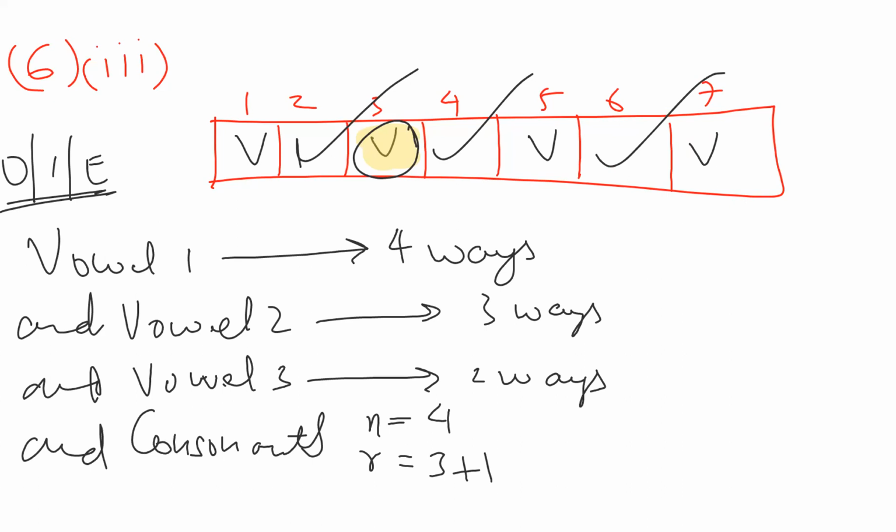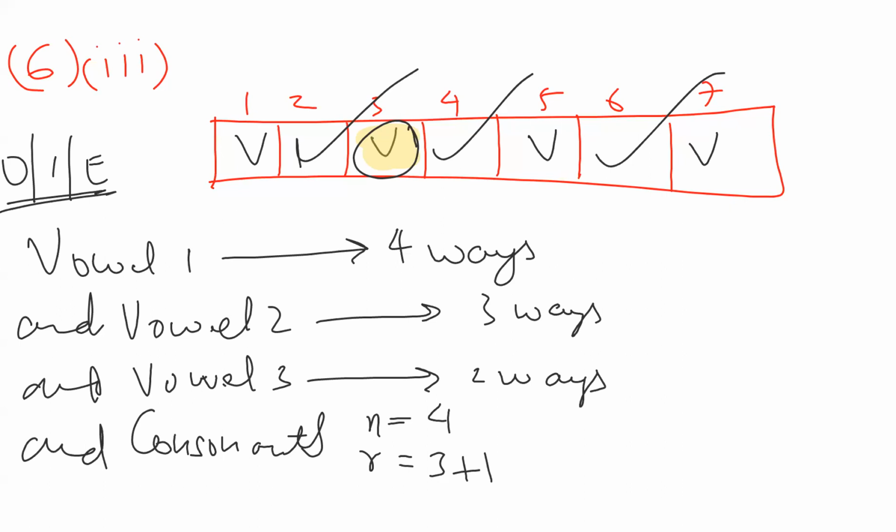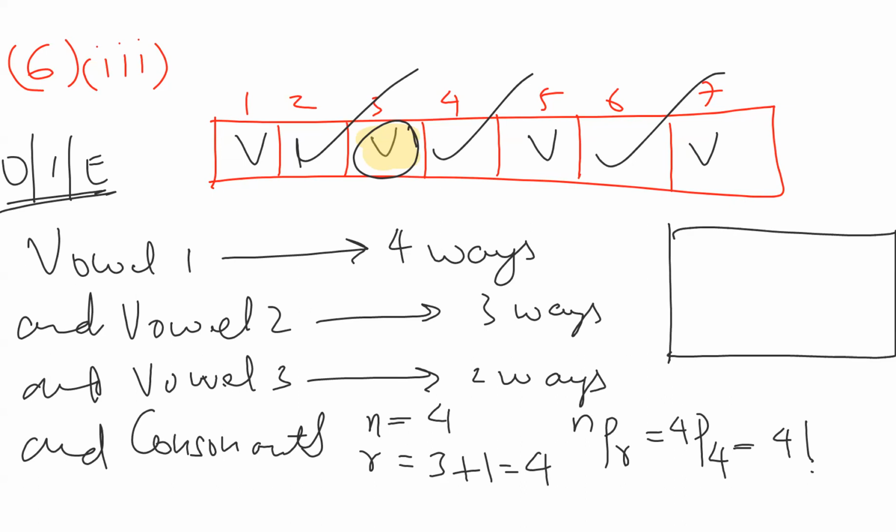See, one place is left vacant by vowels because only three will be utilized. So this is equal to 4. So for consonants, it is nPr, 4P4, 4 factorial. So the total arrangements for this particular case is 4 factorial into 4 into 3 into 2.